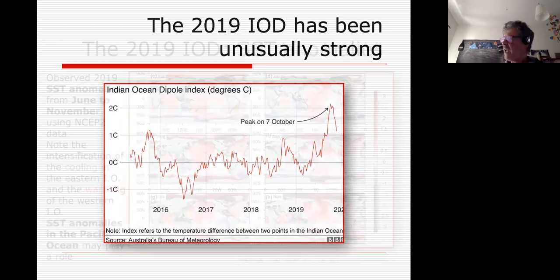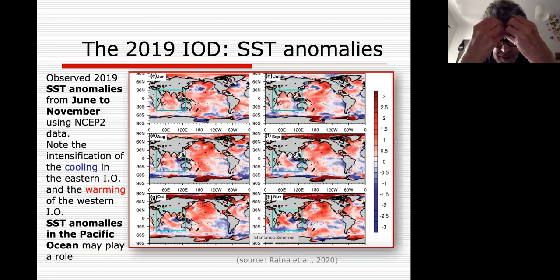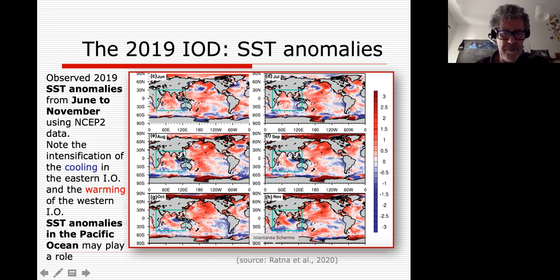And how can these events be detected in surface temperature? There is a recent paper on that, and in the plot you have 9 months of sea surface temperature anomaly from June to November.